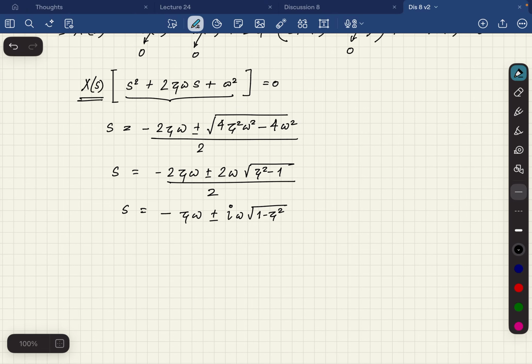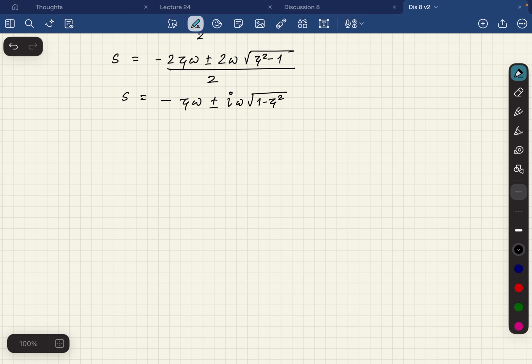So basically now you are being told that you can assume a solution x of t, which is going to be a combination of e to the power plus minus st, whatever solution you have gotten. Like one would be a e to the power s1 t plus b e to the power, like the other root, s2 t.